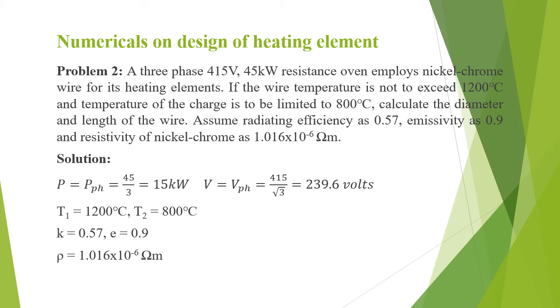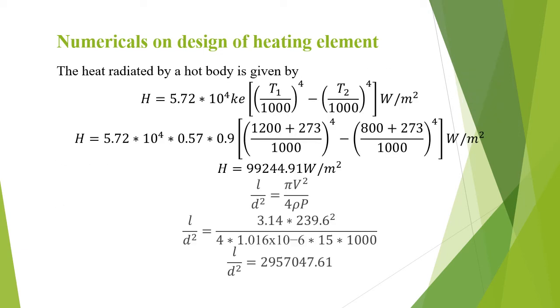K, the radiating efficiency, is 0.57, emissivity is 0.9, and the resistivity rho is 1.016 into 10 to the power minus 6 ohm meter. So substituting the data in the equation of heat radiated, we get the value of H as 9,244.91 watt per meter square.